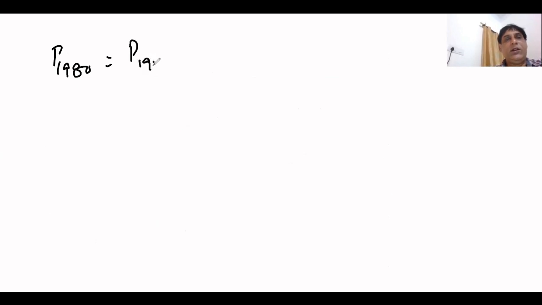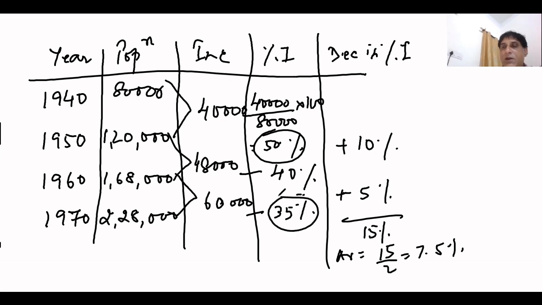Now, if I am being asked to calculate the population at the year 1980, it will be the population 1970 plus the growth was 35%, right? And this is 7.5%.